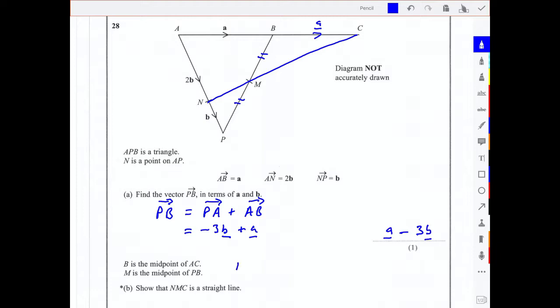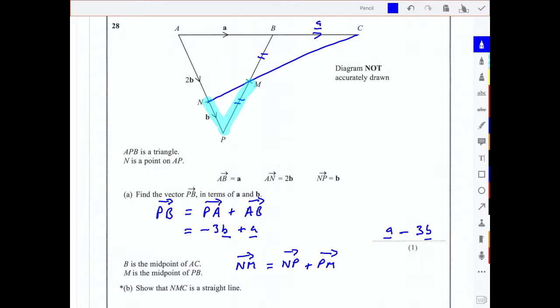Well, NM is equal to, let's have a route from N to P and then P to M. So it's NP plus PM.